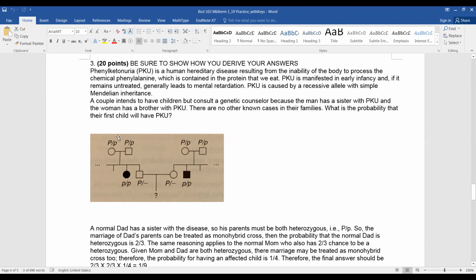Now we can extend this problem to here. Look at this mating. The man's parents have an affected individual. What does that mean? That means both of them should be heterozygous. Otherwise, it's impossible for this family to have an affected kid, right? Do you agree?